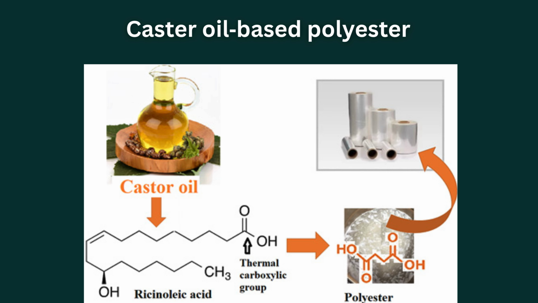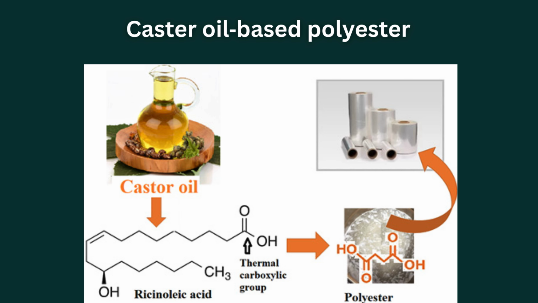Castor oil-based polyesters. Polyesters derived from castor oil represent another important class of bio-based polymers. These materials are typically synthesized through polycondensation or ring-opening polymerization. The latter method is often preferred due to its ability to produce high molecular weight polymers under mild conditions.